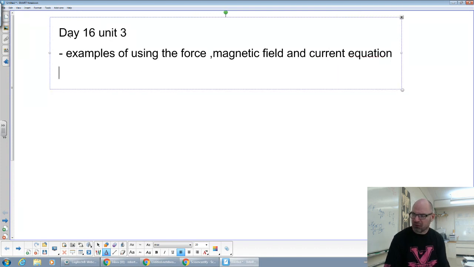And then we'll review a little bit the right-hand rule with that force equation, using your palm and your thumb and your fingers. So we'll review an example or two of the right-hand rule.